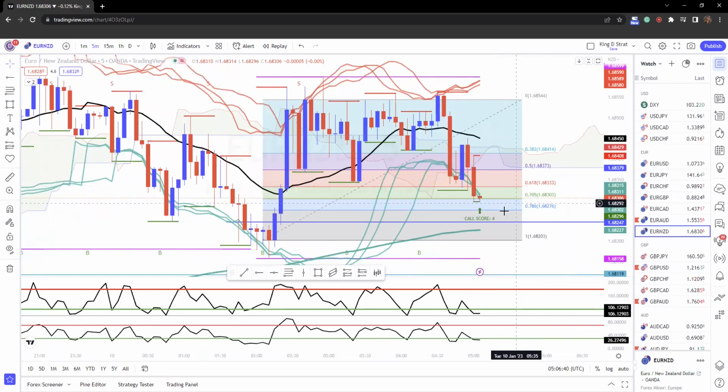I'm looking for Euro NZD call. But I think it's reacting already. Let's continue.